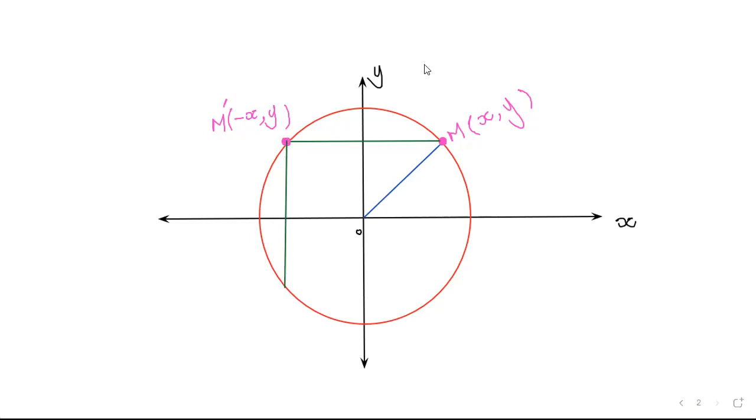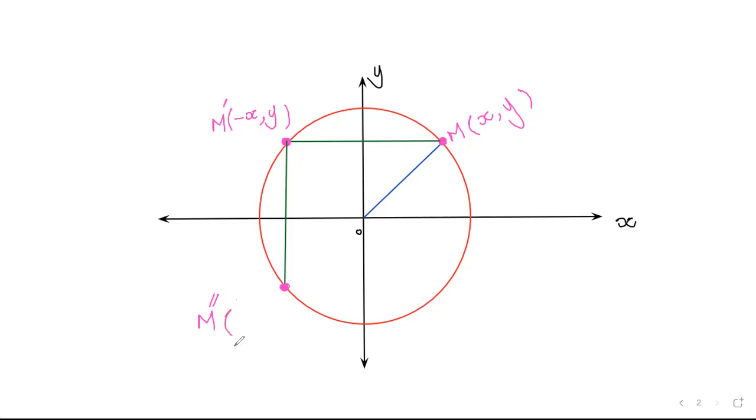Make sure that it's parallel. When you draw a parallel line, you reach another point, which is the intersection of this parallel to the y-axis and the unit circle. I call that M double prime. Let's call that the second bird. The first one was the first bird.